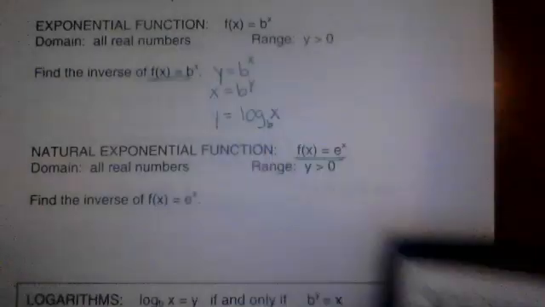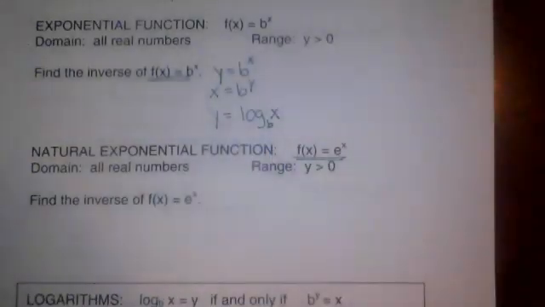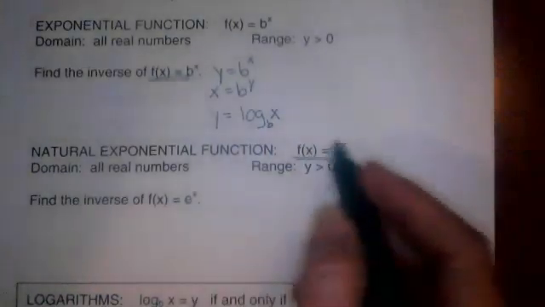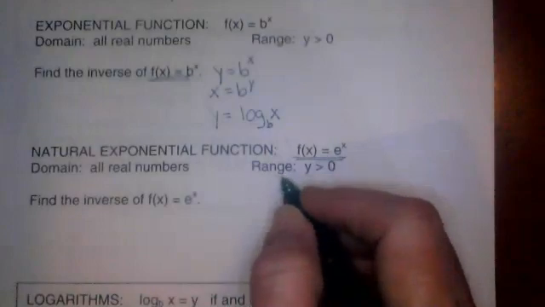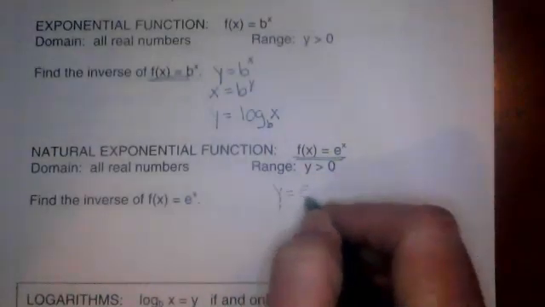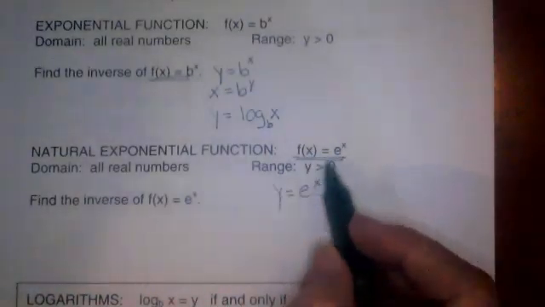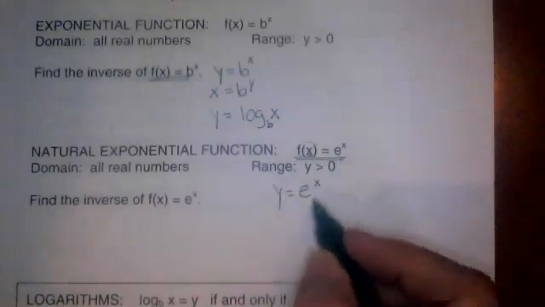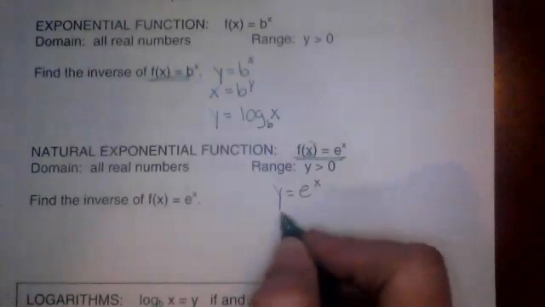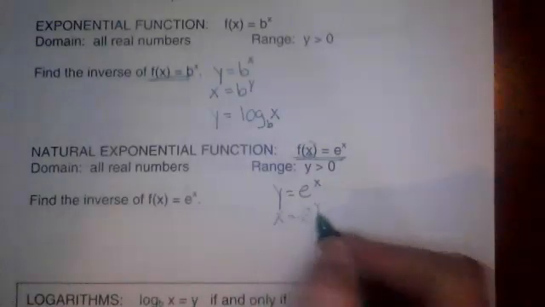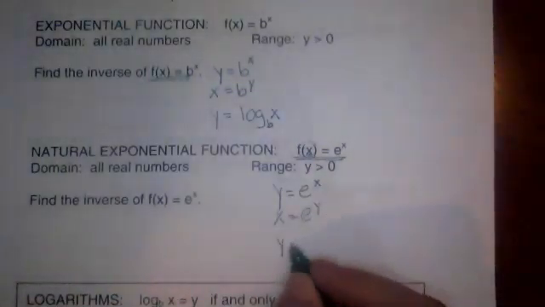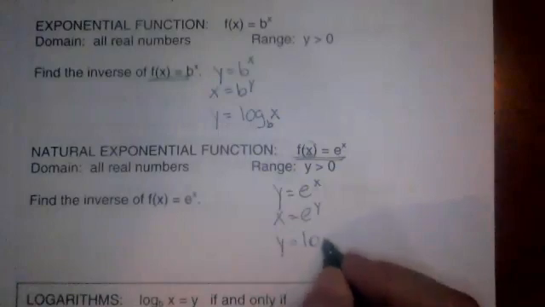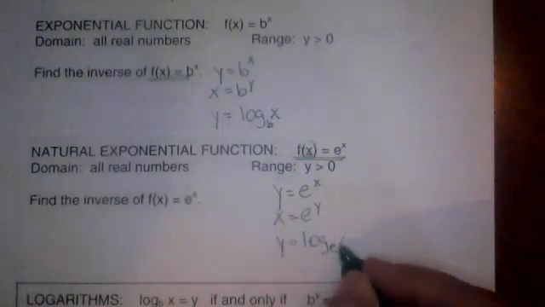It's kind of like a symbol for pi. E is just a symbol for the natural number. But anyway, I just rearranged this, so I'm going to have y equals e to the x. The y goes by itself, right? And then over here, I'm going to rearrange, so y equals log base e of x.